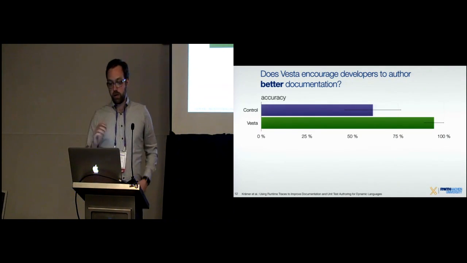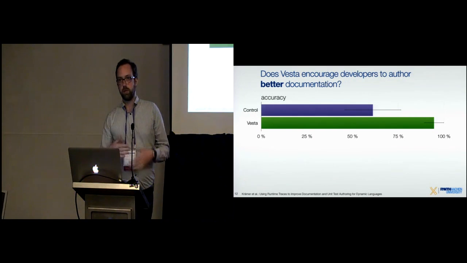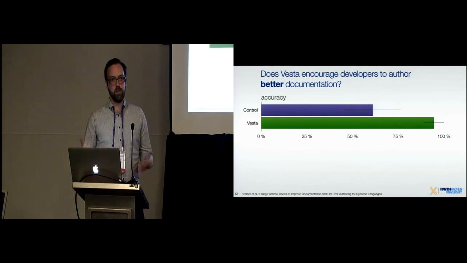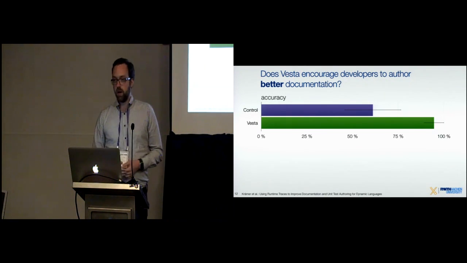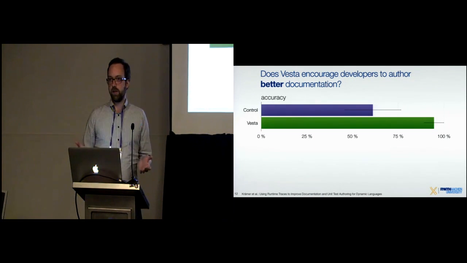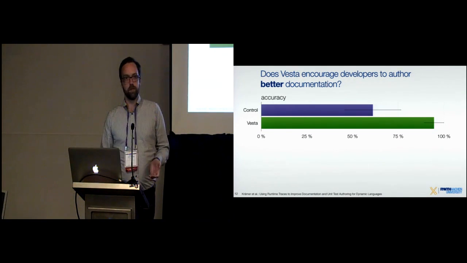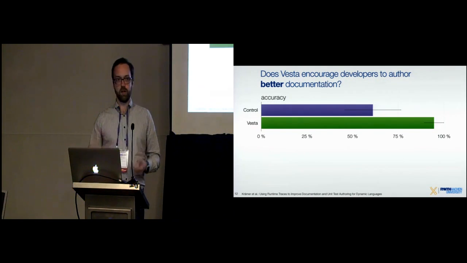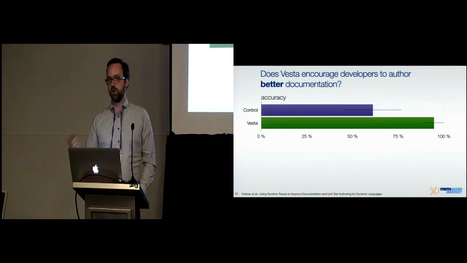Let's first look at documentation. In terms of accuracy, and by accuracy we mean is all the type information that is recorded in the documentation actually correct, Vesta improved the situation significantly. If you think about it, this is actually to be expected. Most of the type information will be automatically generated by Vesta, and it's only if developers manually edit this information that they will have an option to make it incorrect.